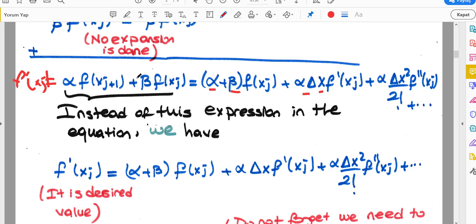So by matching the left side and the right side together, using the equalities, guys: on the left side, alpha and beta are the coefficients of f of xj, but on the left side I don't have any f of xj. So it means that the summation should give me 0. On the left side I have 1 times f prime xj, whereas on the right side we have alpha times delta x. So it means that this should be 1.